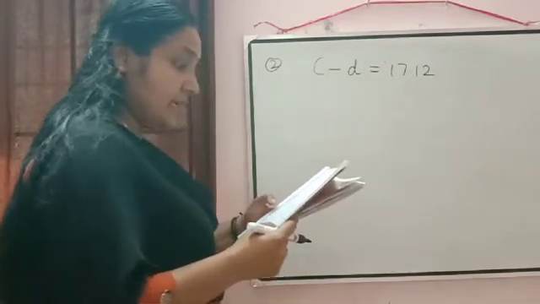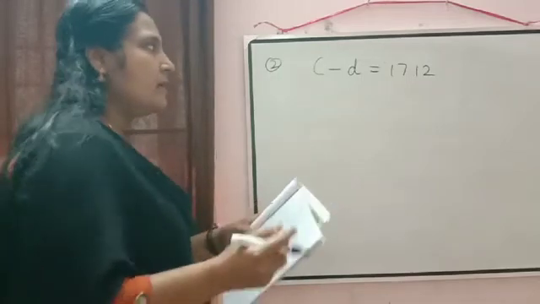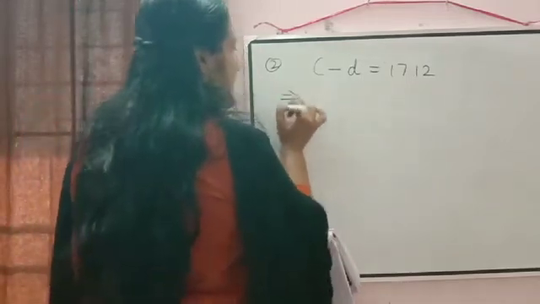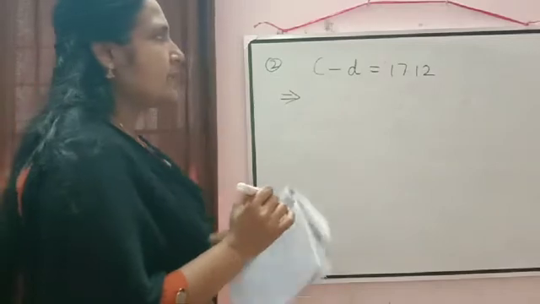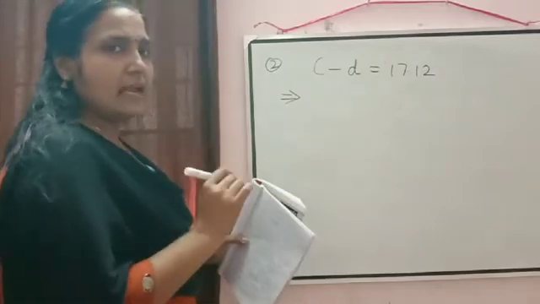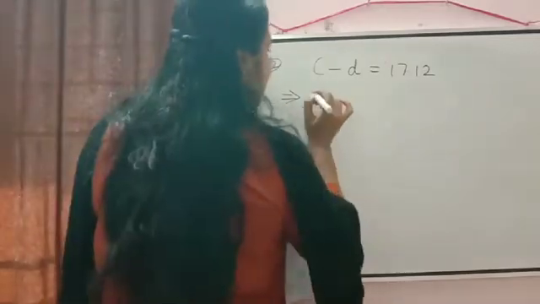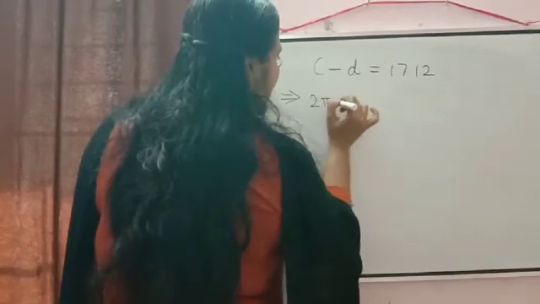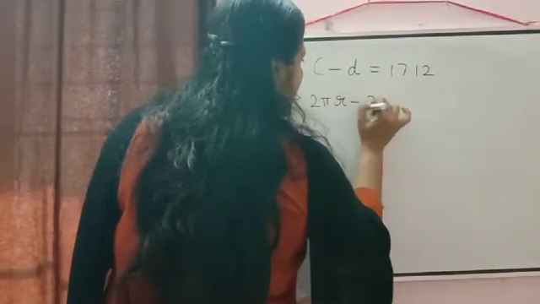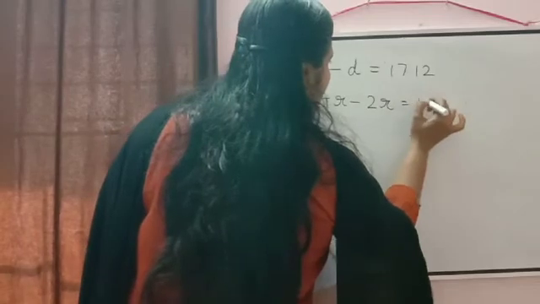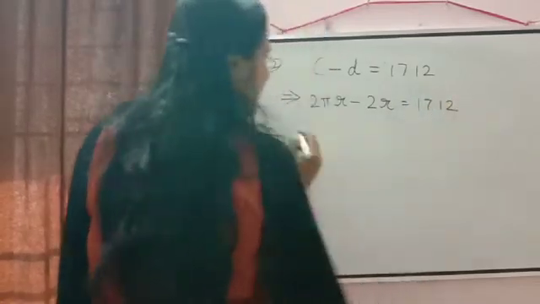We have to find the area of the circle. So again, to find the area, first we need the radius. Now we can check from this information whether we can calculate the radius. Circumference is equal to 2 pi r minus diameter is equal to 2r is equal to 17.12.